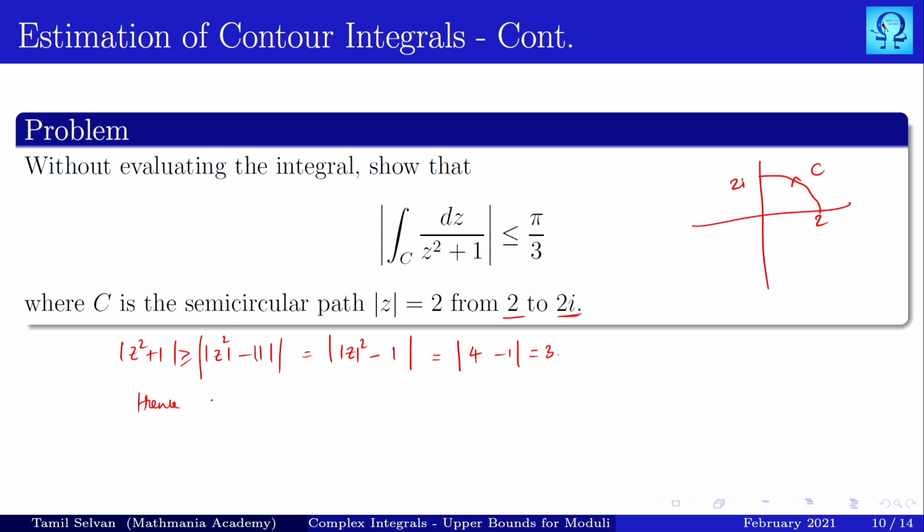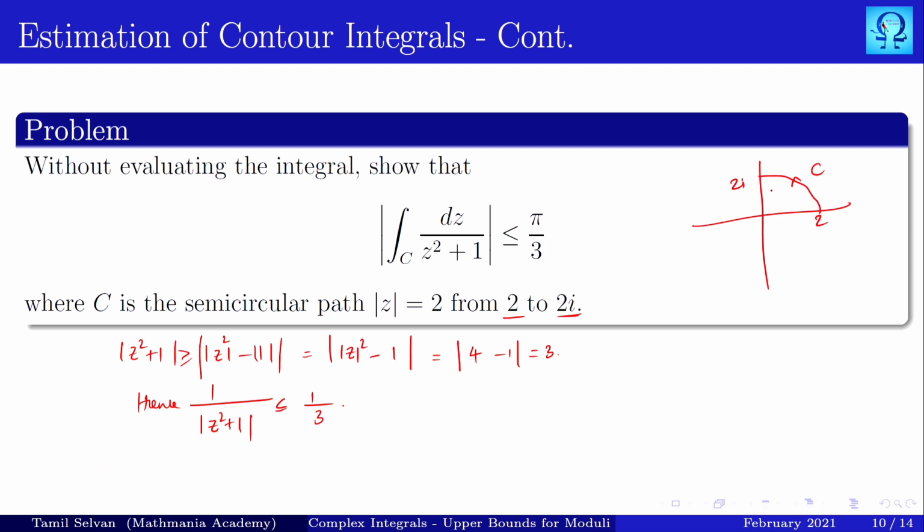Hence, we write 1 upon absolute of z squared plus 1 is smaller than or equal to 1 upon 3. Now, if we know what is the length of this curve, we are done with this problem, right?